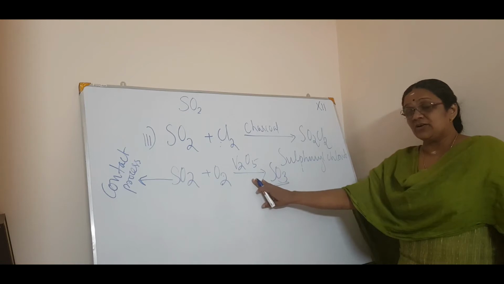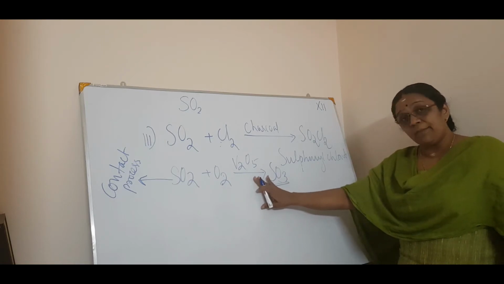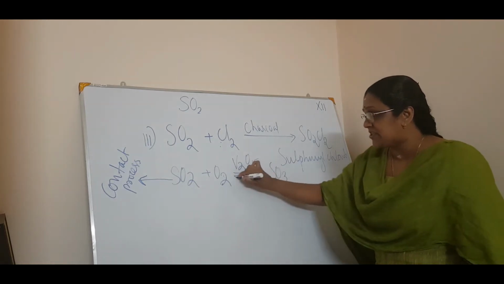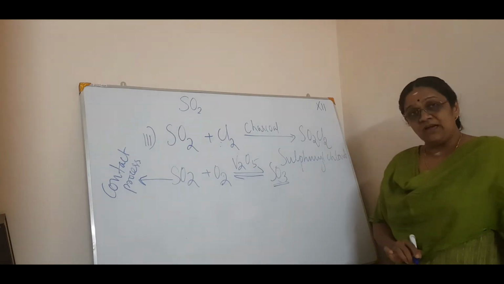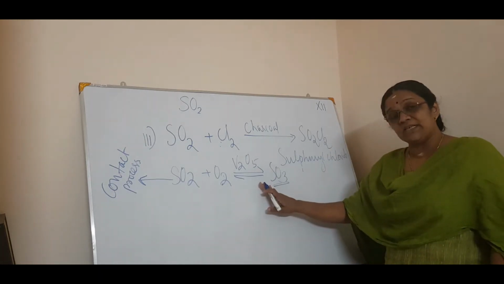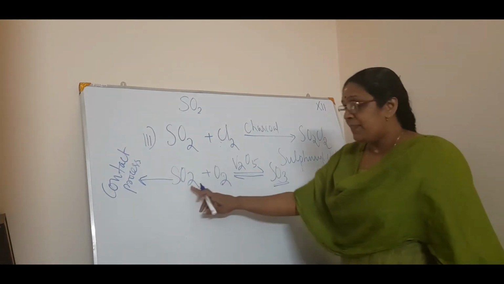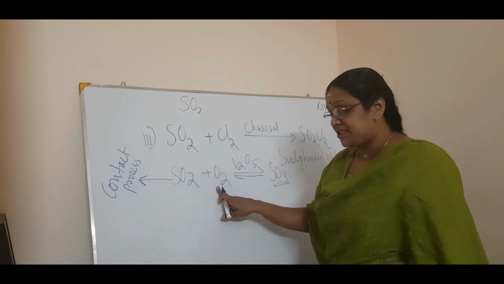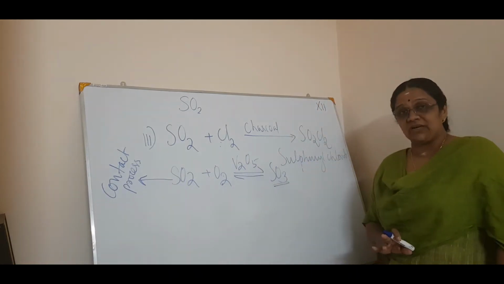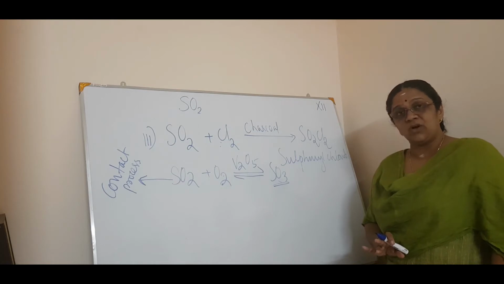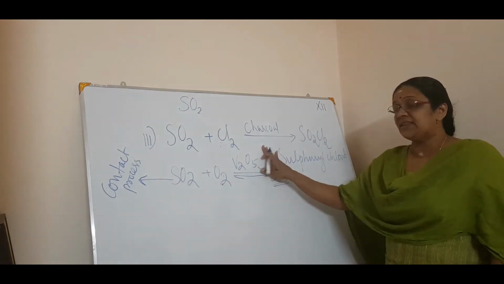In the contact process, the rate determining step, or the slowest step, is this reaction where sulfur dioxide plus oxygen gives you sulfur trioxide, and that's why it is reversible. Got it? So this is the third equation.